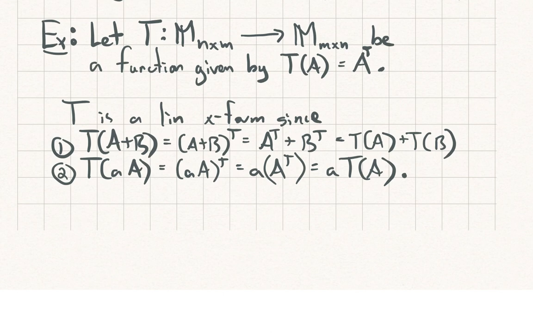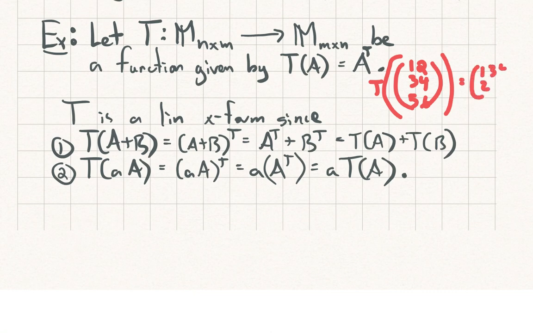We take a matrix A, an n by m matrix, and we just take the transpose of it. Just to be clear how this one works, let's say we had the matrix 1, 2, 3, 4, 5, 6, and we apply T to it. Then what we get is 1, 2, 3, 4, 5, 6, transposed. So it just takes the transpose of the matrix.